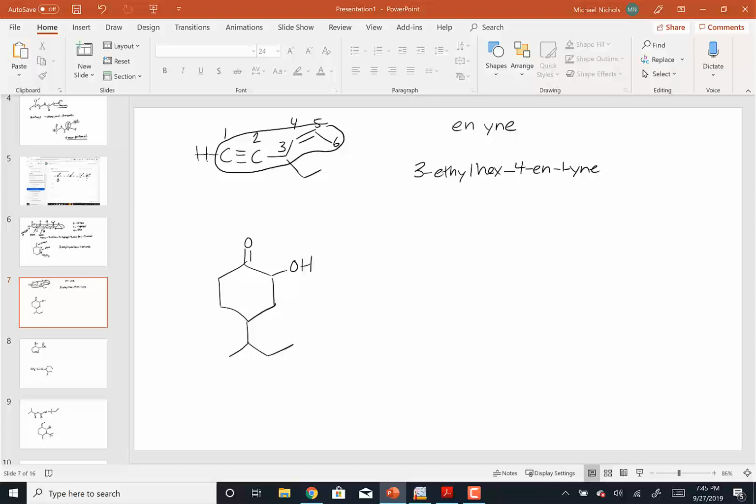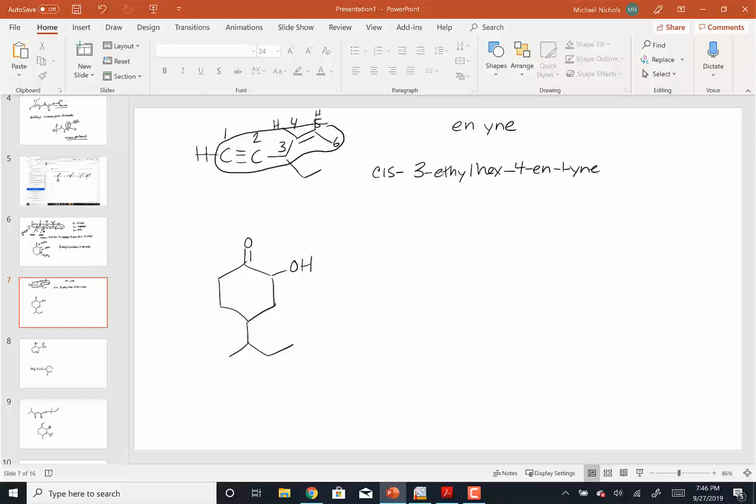And looking back at this double bond, there are 2 hydrogens on the same side, and so we can name this cis-3-ethylhex-4-ene-1-yne. So again, we have to remember that there are some anomalies in the naming of enynes, and that being the numbering from the end closest to the first group, regardless of whether it's a triple or a double bond. Okay. All right, next molecule.